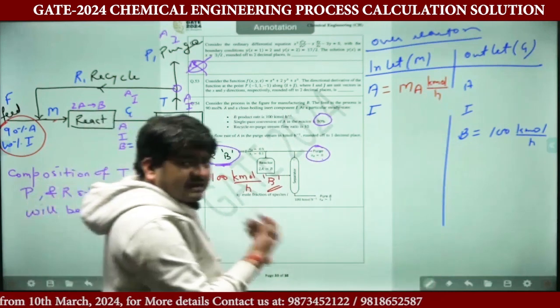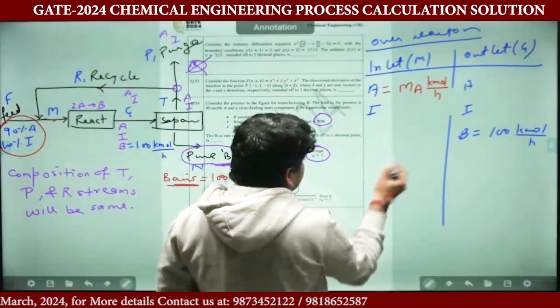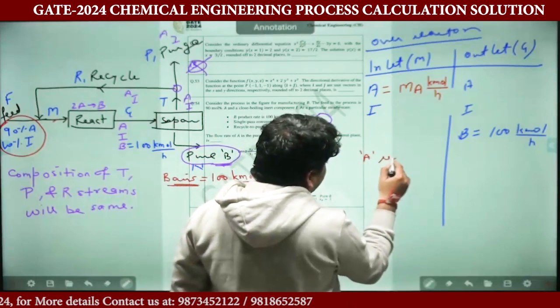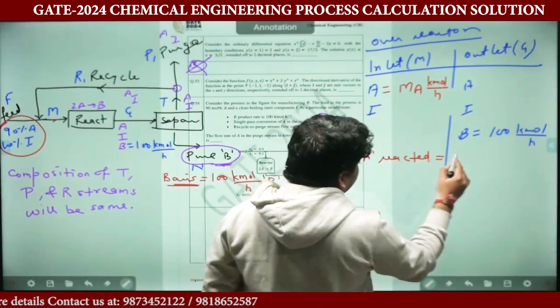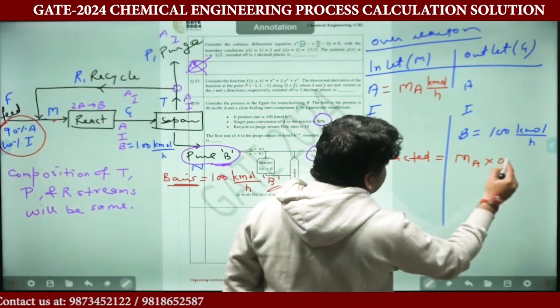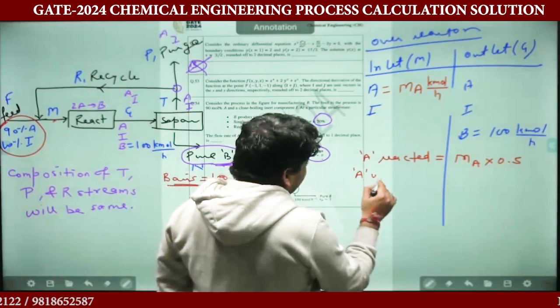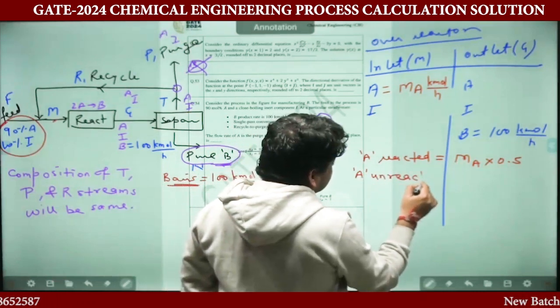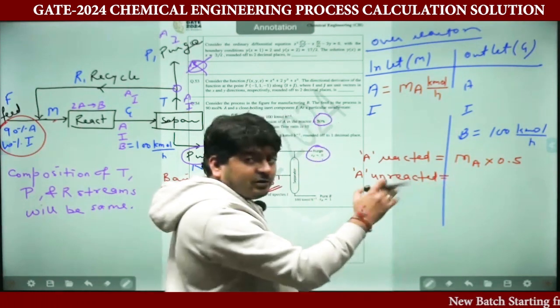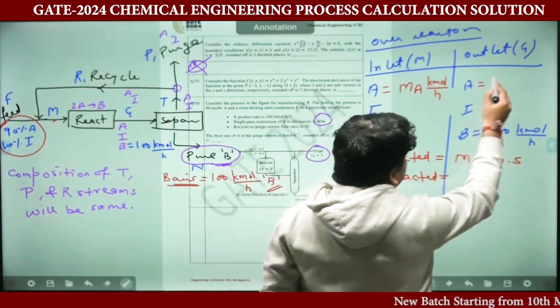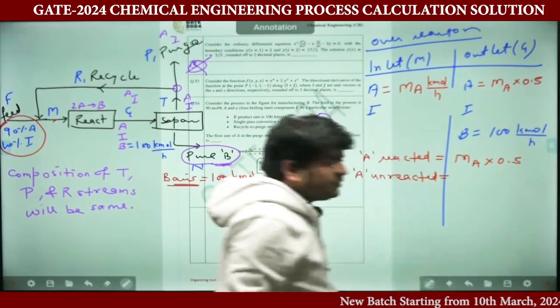Okay, and single pass conversion is 50%, so it is obvious the amount of A reacted will be the feed into conversion. So the amount of A unreacted, or the amount of A leaving in the G stream, is MA into 0.5 kilomole per hour.